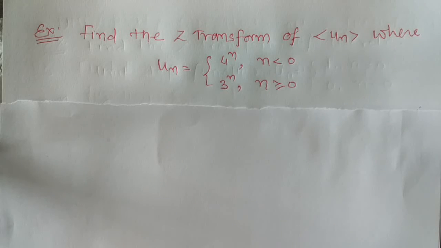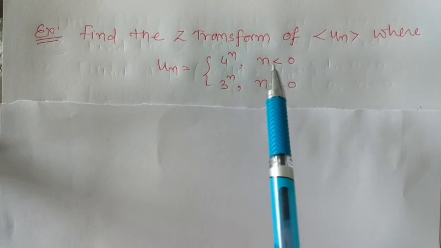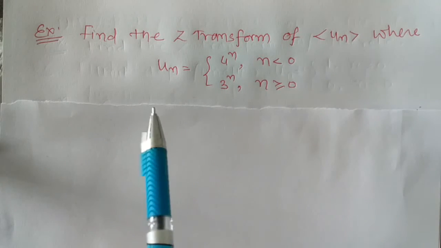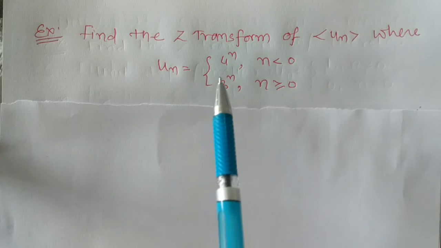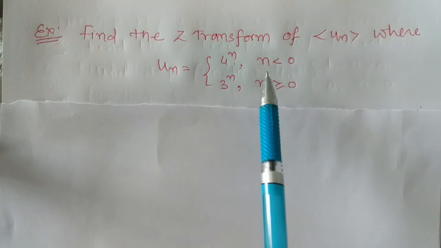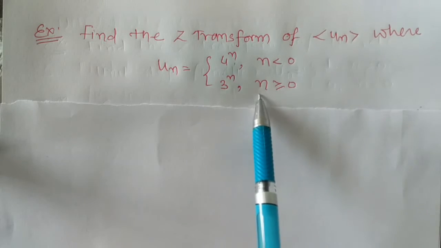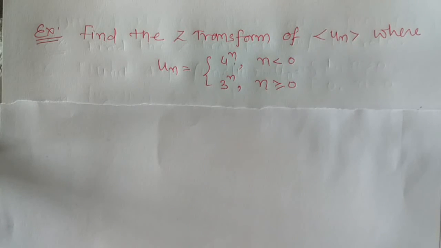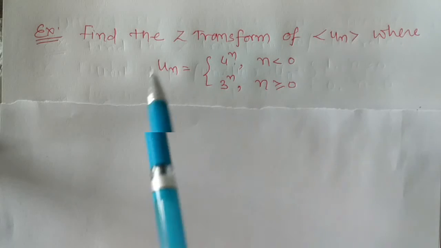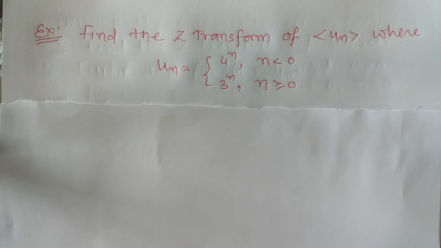Next example is, find the z transform of the sequence u(n) where u(n) is defined as 4 power n for n less than 0 and 3 power n for n greater than or equal to 0. Now we find the z transform of the given sequence.